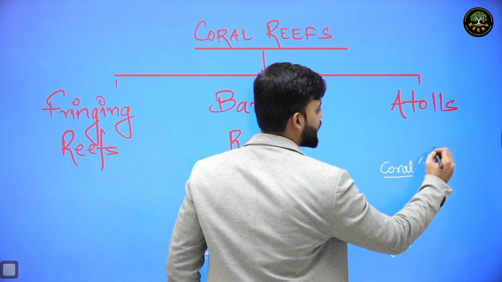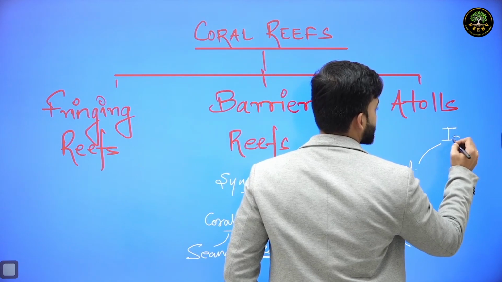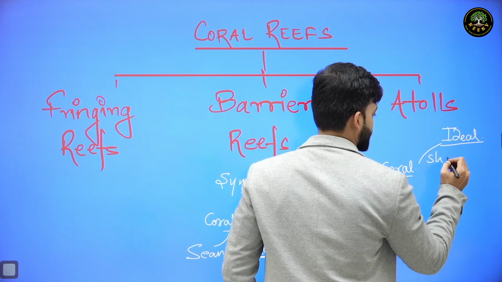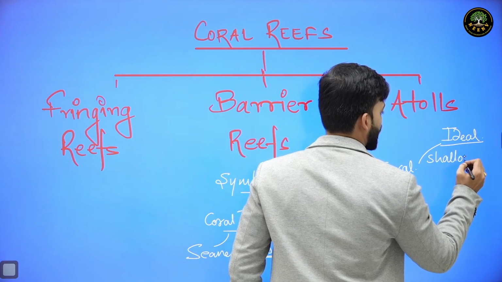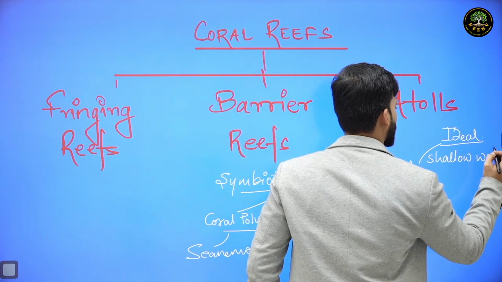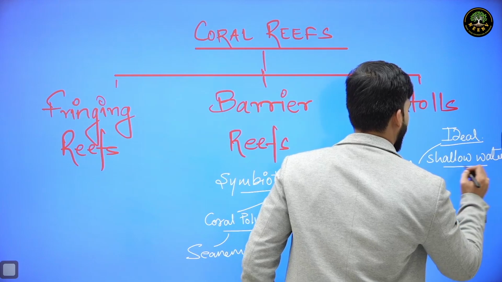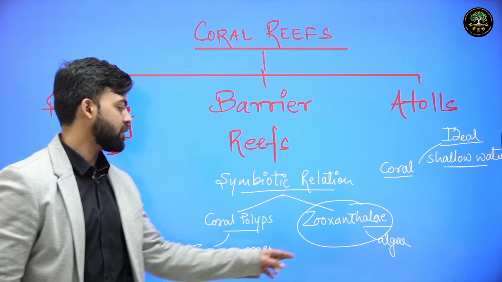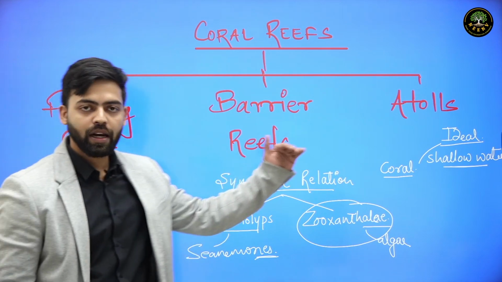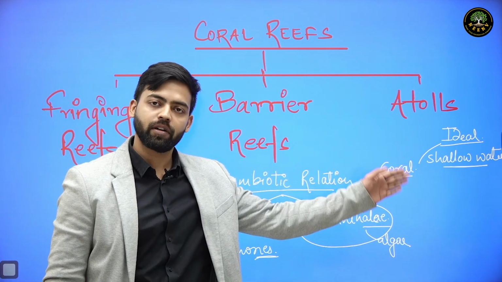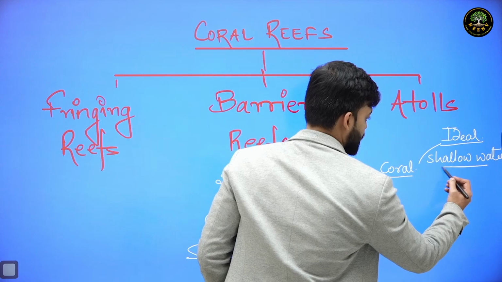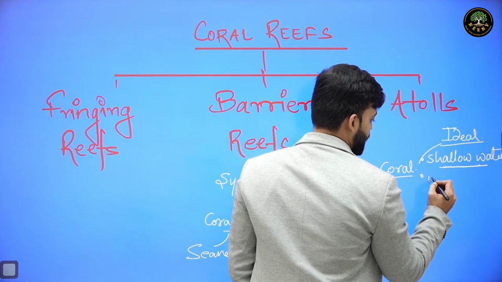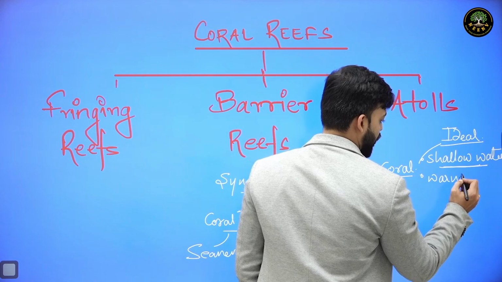And the ideal condition for the formation of coral reefs is basically shallow water. The water should not be deep, as the zooxanthellae do photosynthesis for coral polyps. So sunlight is also required. So in shallow water there will be light. The water should be comparatively warm.